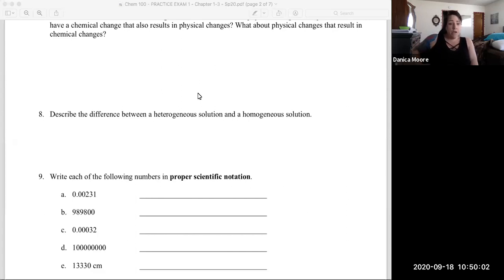Alloys, so we talked about mixtures of metals, right? So steel would be an example of a metal where you have mixed metals together and you can't differentiate between the 2 or 3 metals that are mixed. Brass would be another example of that.